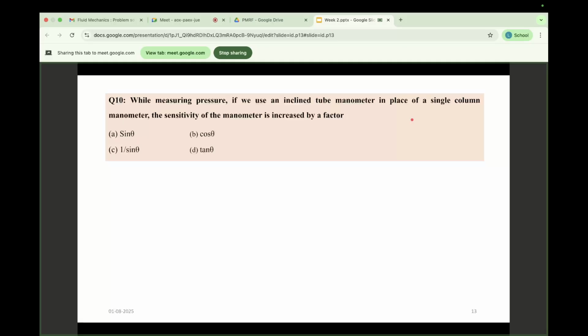So this is another concept. Here the question is, while measuring pressure, if we use an inclined tube manometer in place of a single column manometer, the sensitivity of the manometer is increased by a factor. It seems this question is quite new to you, right?